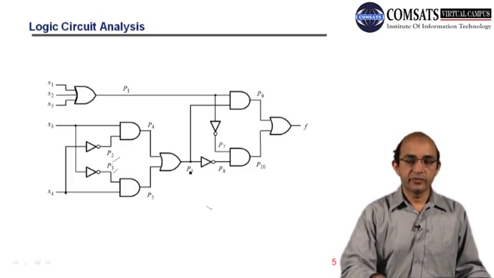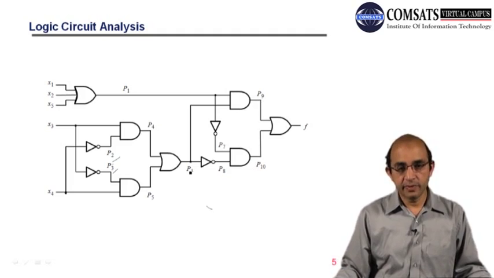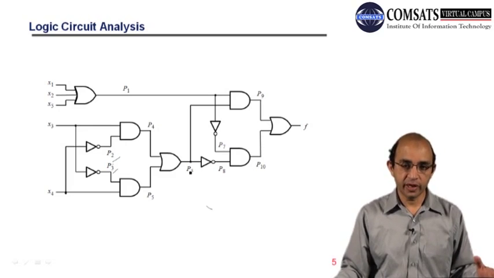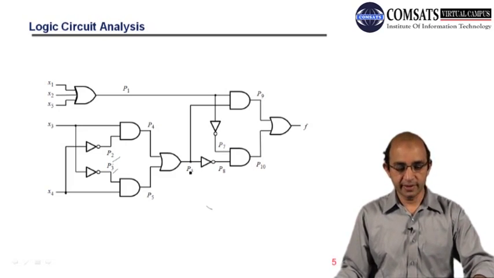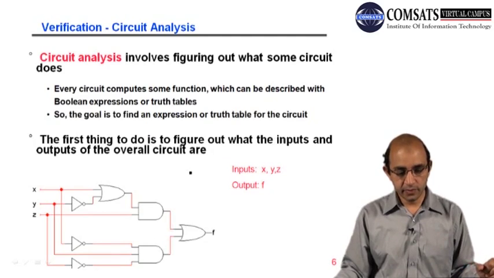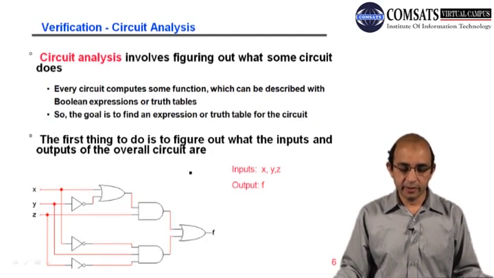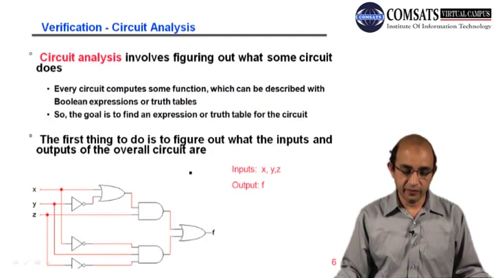So as we have to analyze the behavior of the circuit, we will start from the input, and we will move on and we will be tagging the output of each and every gate for the behavioral analysis. Then we can also have different types of analysis, like verification.